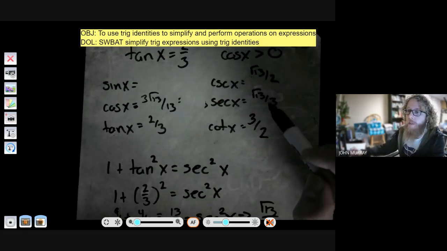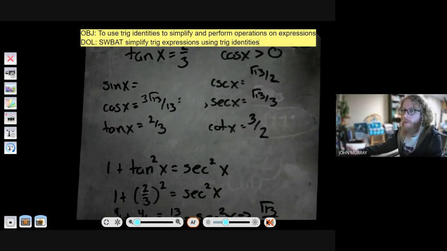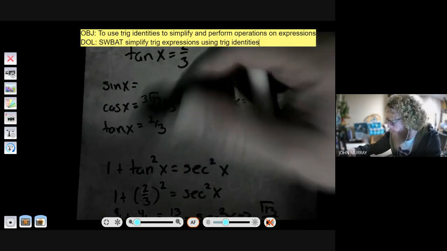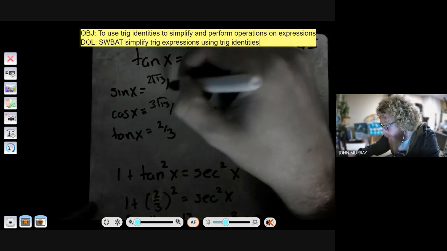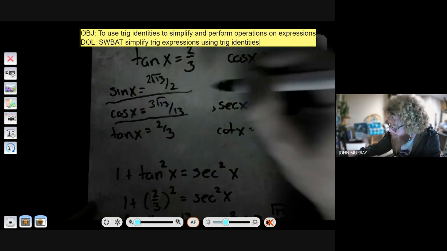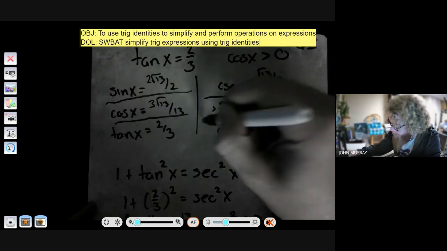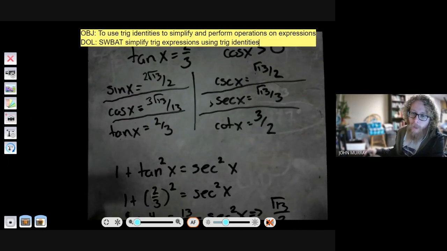All right, so secant was root 13 over 3. The cosecant is root 13 over 2. And then for sine, we take the reciprocal, and that's going to get us 2 root 13 over 13. And there we have our 6 trig functions.